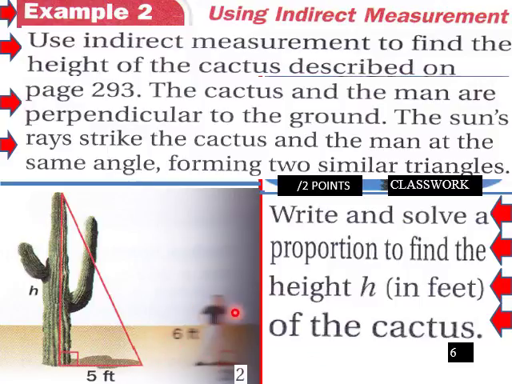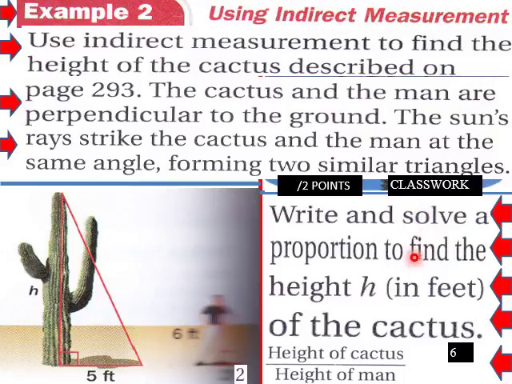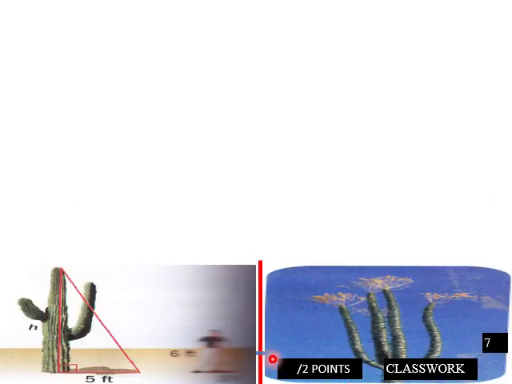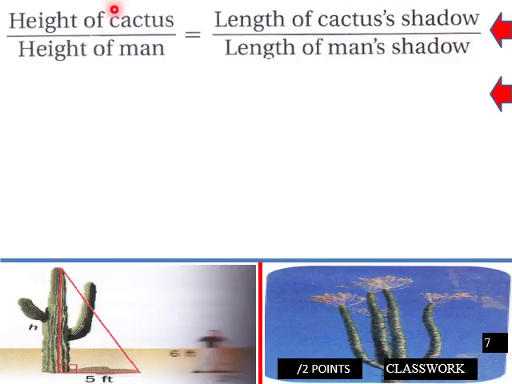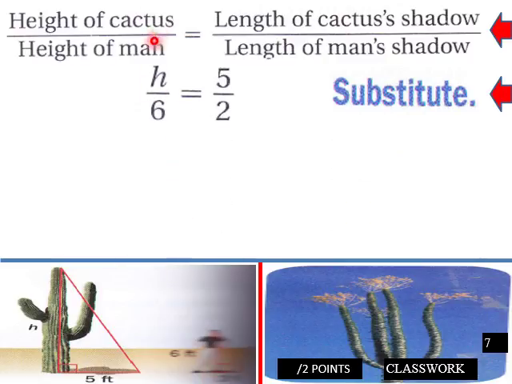So we know the man's 6 feet, and do we have measures of their shadow yet? So height of cactus over height of man equals length of cactus shadow over length of man's shadow. So we have a shadow length here of 5 feet. The man's shadow is 2 feet here. So h over 6, height of cactus, we don't know.